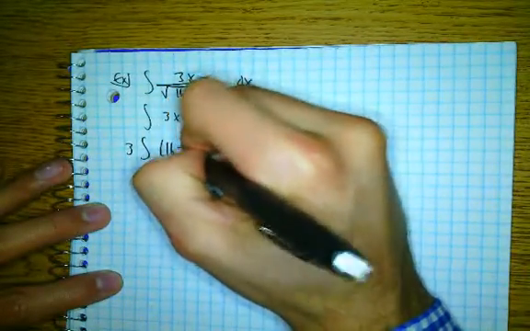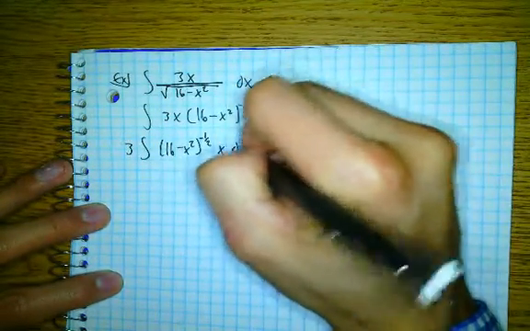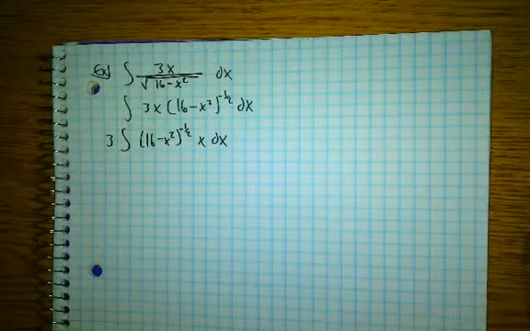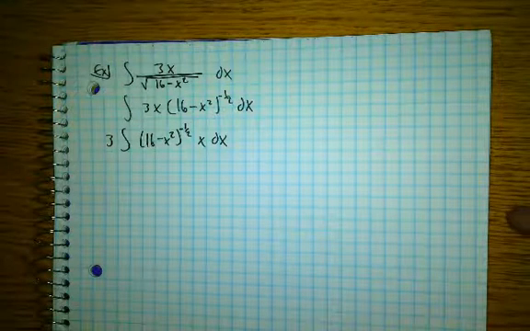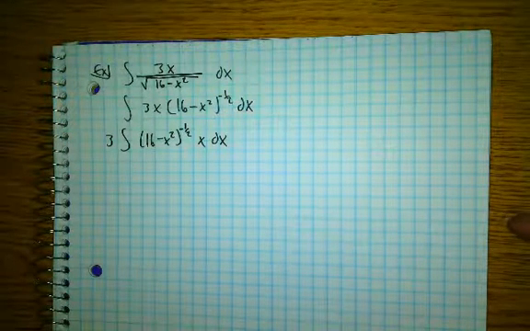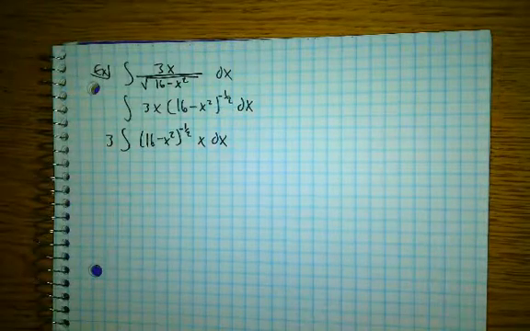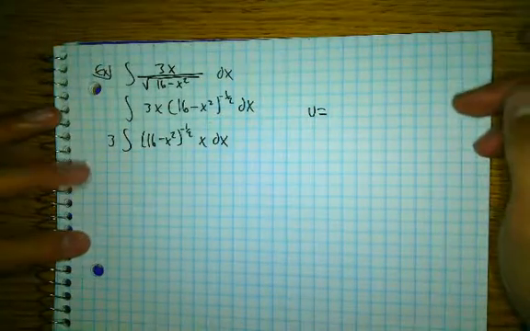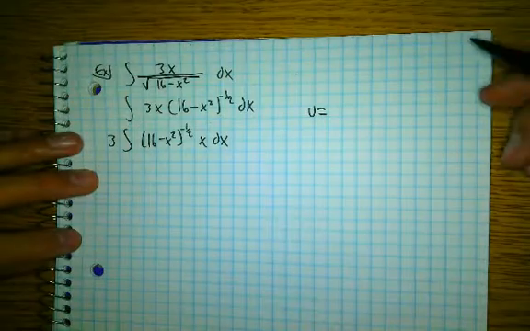Okay, from here, what do you guys suggest I do? U sub. So let u equal to what in this case? 16 minus x squared. Therefore, the derivative of u in terms of x would be what, guys?